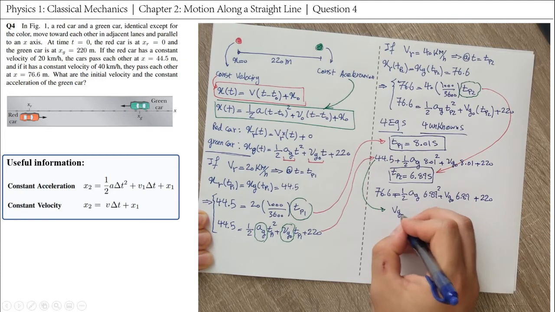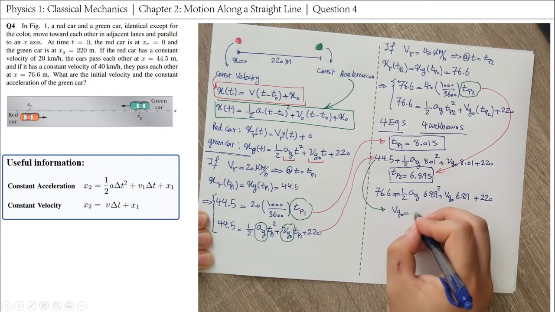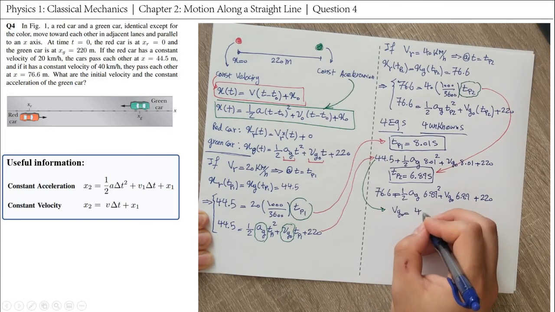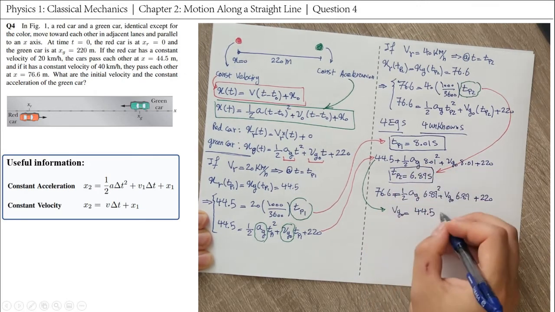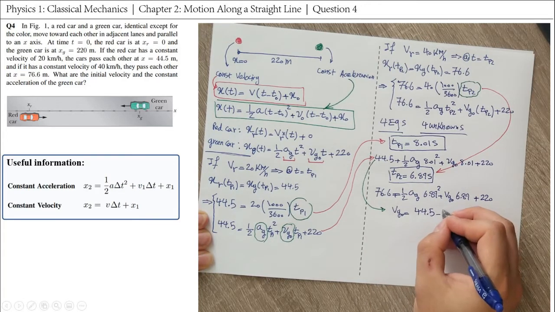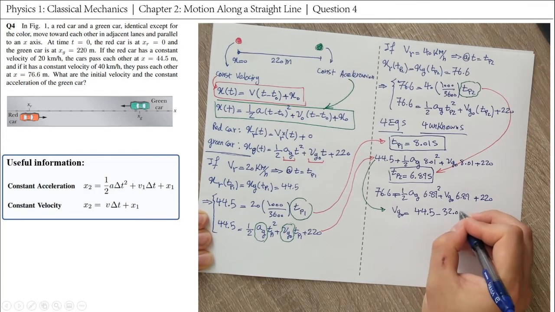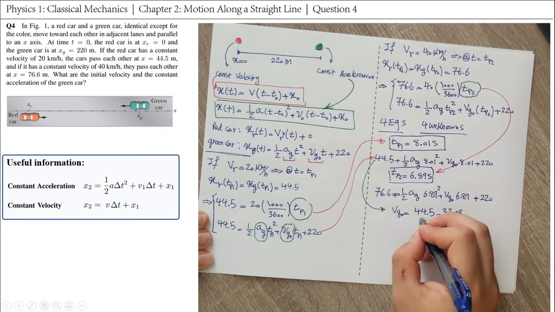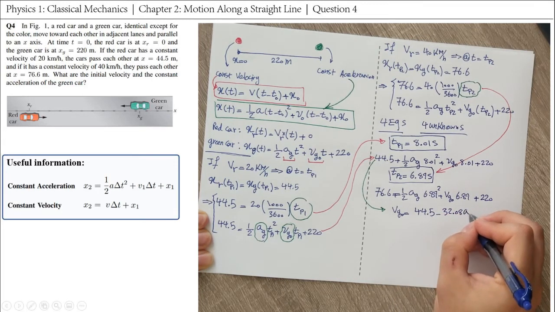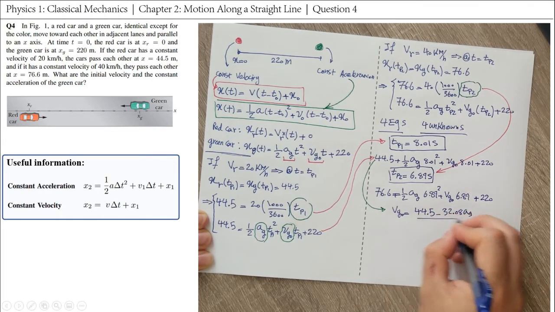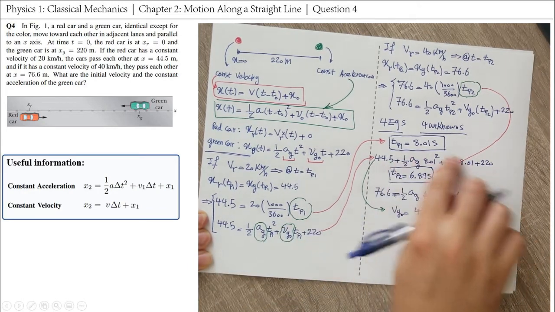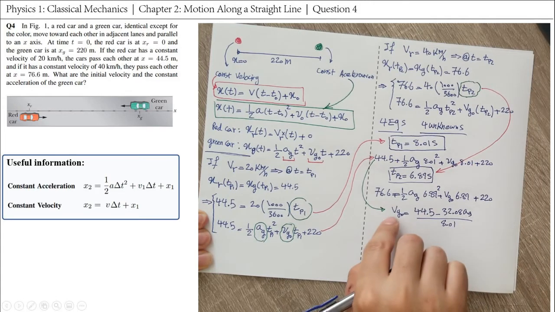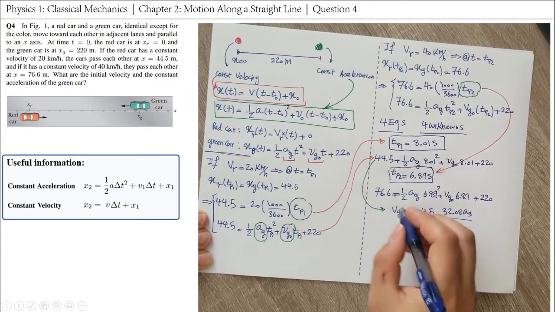I can write VG naught as equals to 44.5 minus, if I do the math here, 32.08 AG divided by 8.01. Okay, by just rearranging this equation, I can obtain VG naught in terms of AG like so.